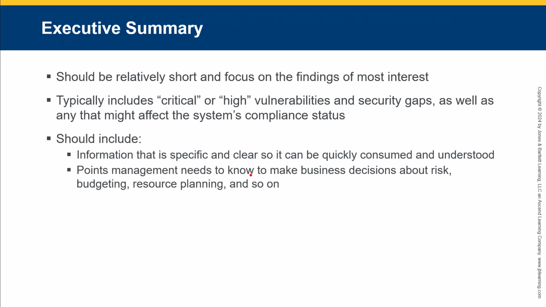The executive summary should cover the critical or high vulnerability gaps at a very high level. Information should be very specific and clear so that executives can quickly consume it. These are for management, typically, to make better business decisions.